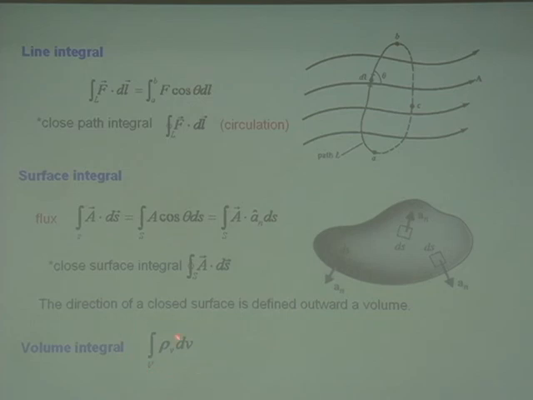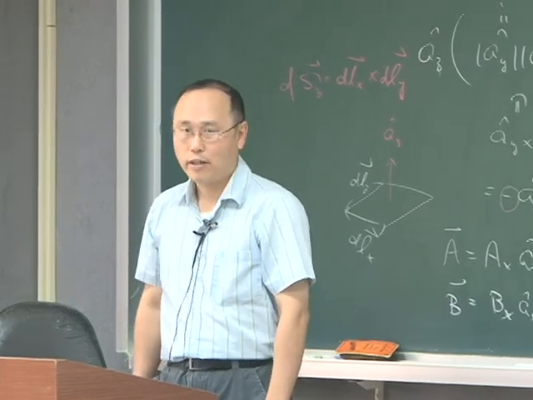And very often this is charge. So in space you have some charge distribution over some volume. If you do this integration, you end up having the total charge in space. Okay, 这个经常会计算到. All right, any question?